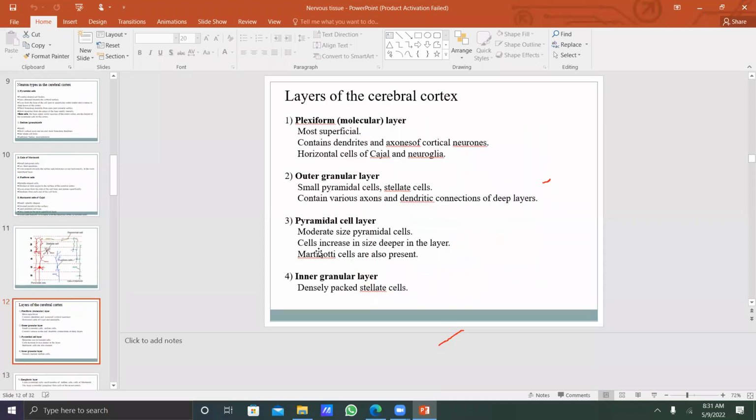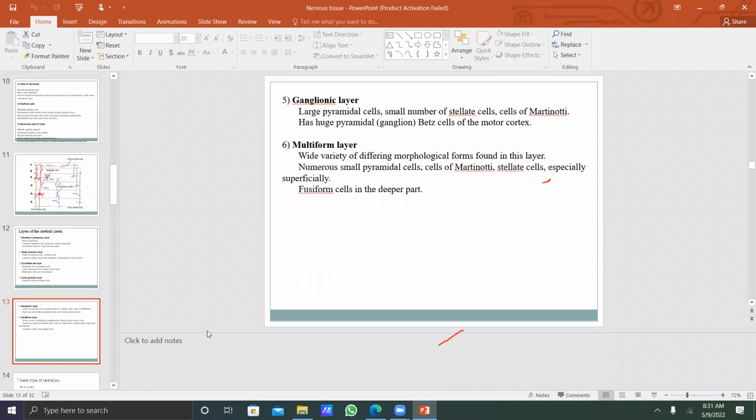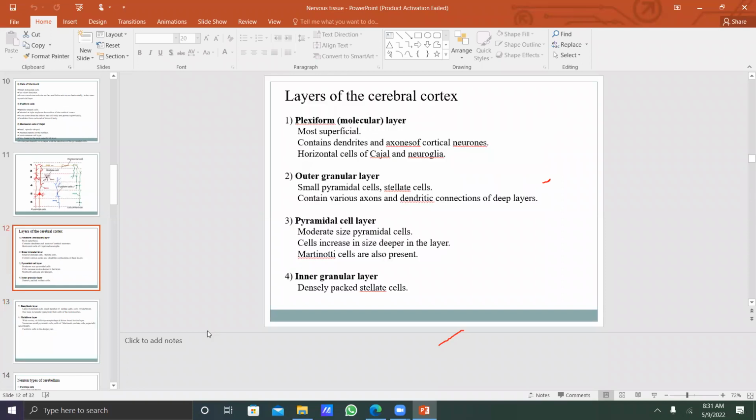So, the above mentioned cell types are arranged in 6 layers of the cerebral cortex. From the very most superficial layer, it is the plexiform or molecular layer.